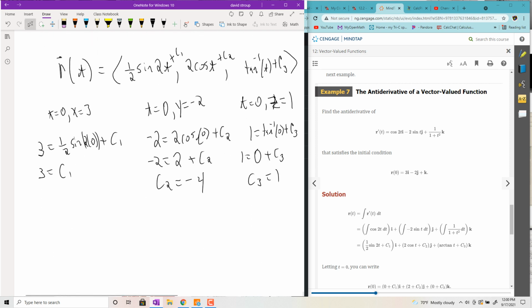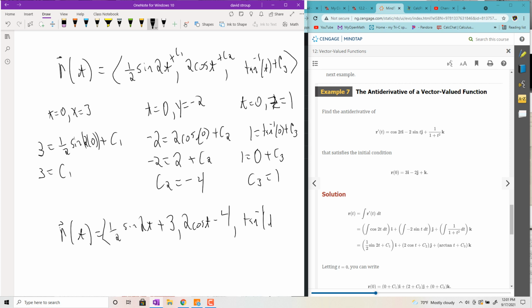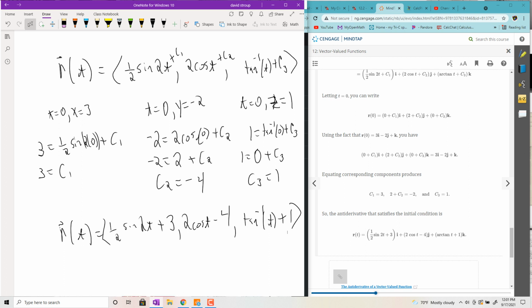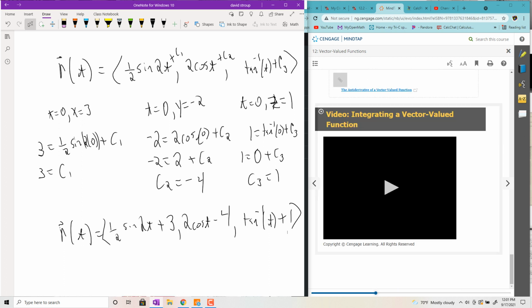So your final answer for r of t is going to be 1/2 sine of 2t plus 3, comma, 2 cosine t minus 4, comma, tan inverse of t plus 1. Okay, let's make sure I got it right. Yeah, I got it right. I think I got it right. Yep. Okay, is that it?